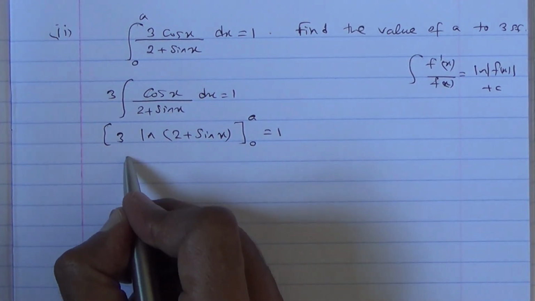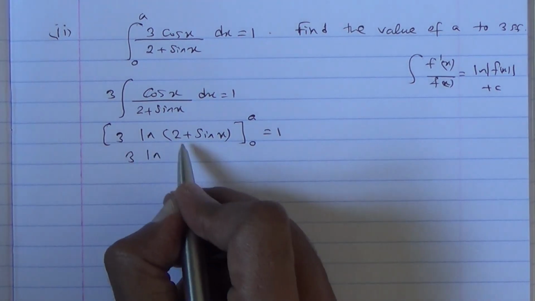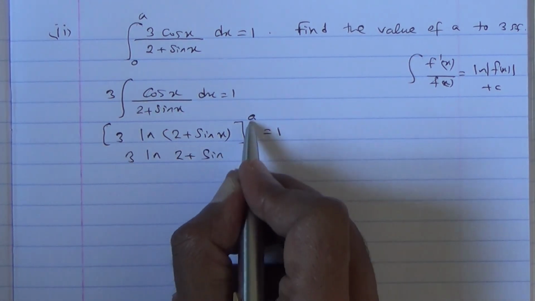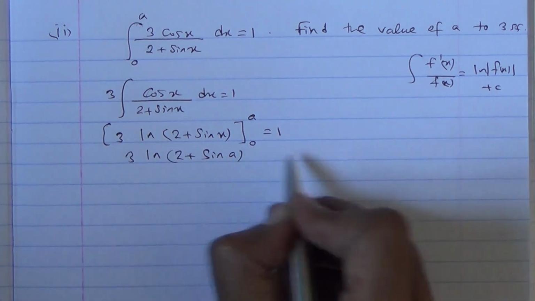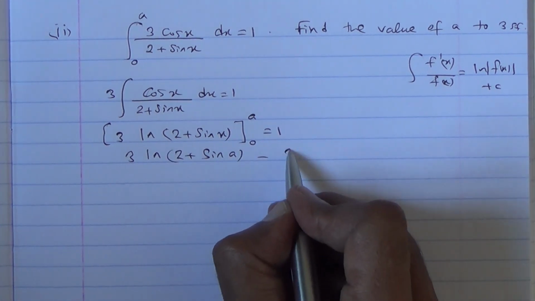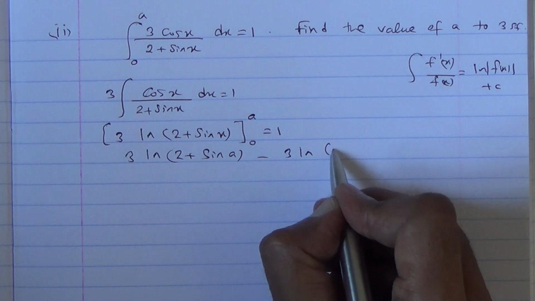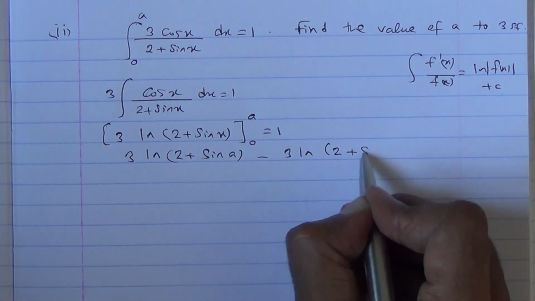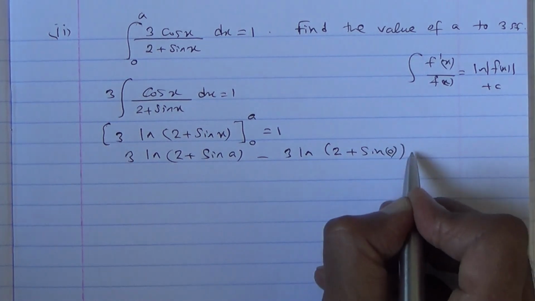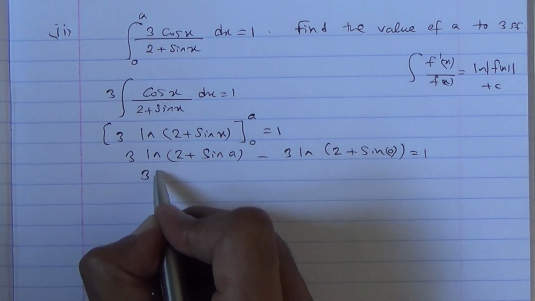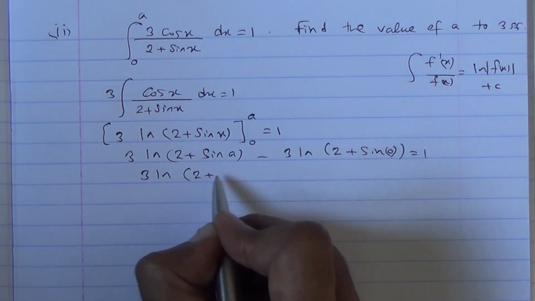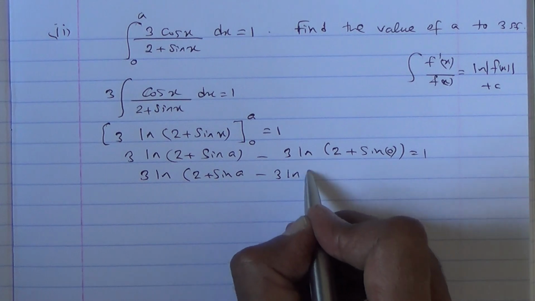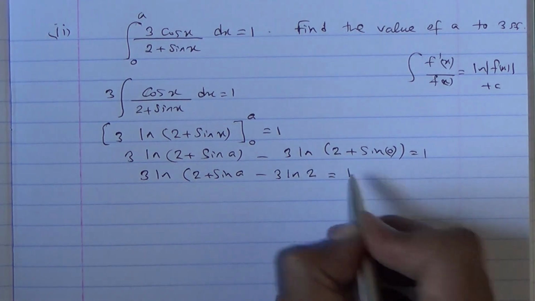So 3 ln 2 plus sine of a, minus the lower limit 3 ln 2 plus sine of 0, which is 3 ln 2, equal to 1.